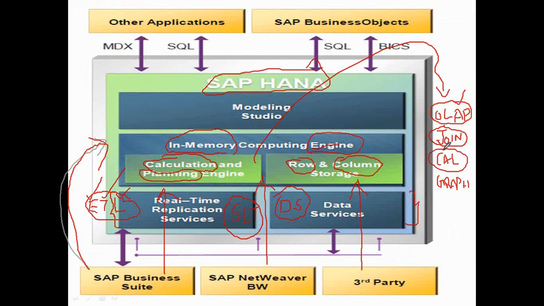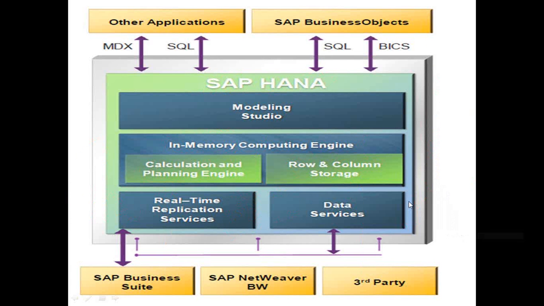Similarly, when you are performing complex calculations, there is a calculation engine within that. Similarly, we have the graph engine, which has its own task to perform. What I wanted to say is that within the HANA server, within the HANA database, they designed different engines to perform different tasks.